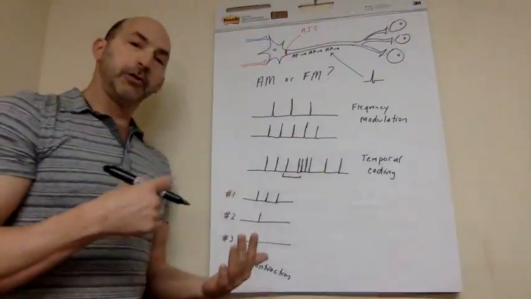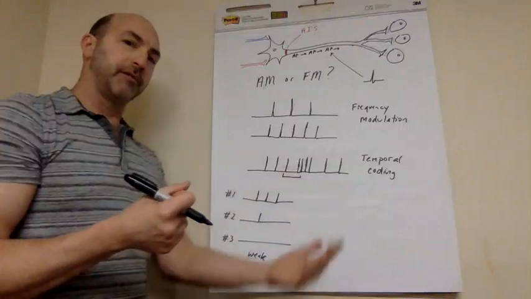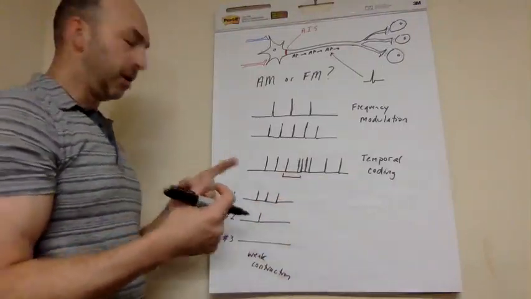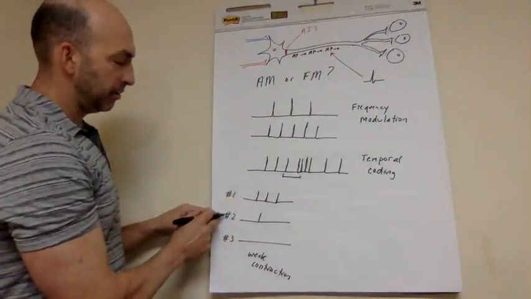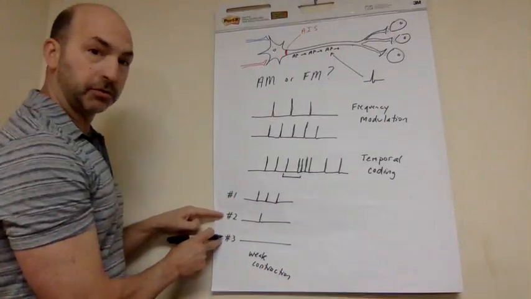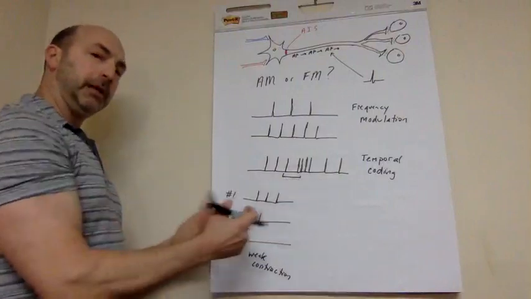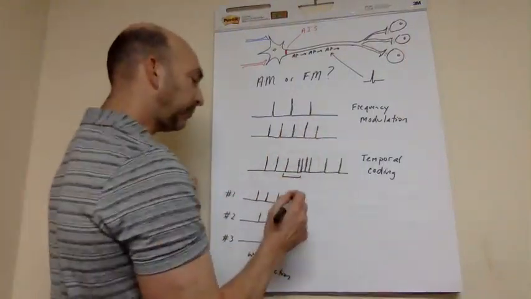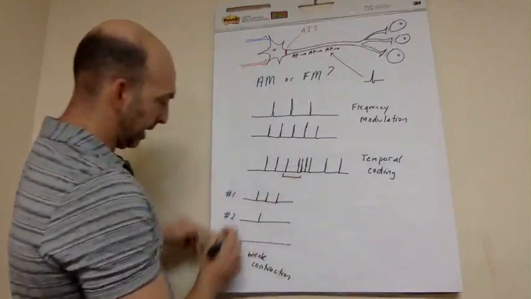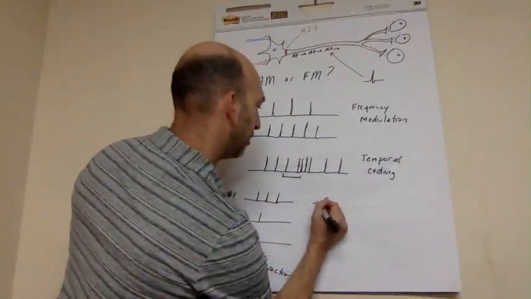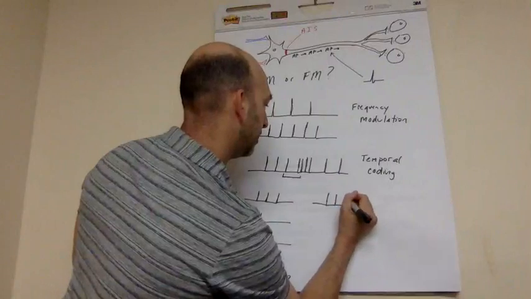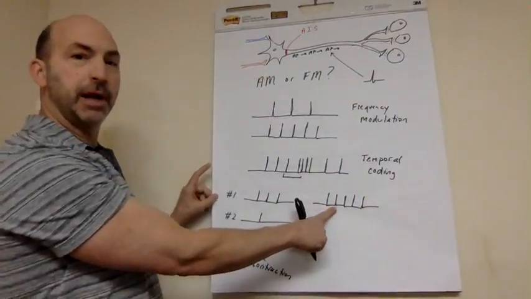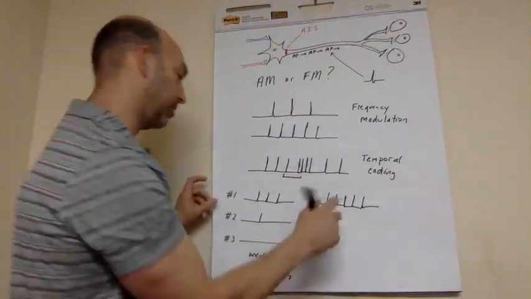Well, if we need a harder contraction, we need to activate more muscle fibers, right? More cells within that muscle. So to do so, we're going to start to activate the second group and maybe even the third group, depending on how hard we need it to contract. So in our second type of contraction, this is the same 3 neurons. Now what you're going to get is this first one becomes more active because we're now trying to have the muscle contract harder.